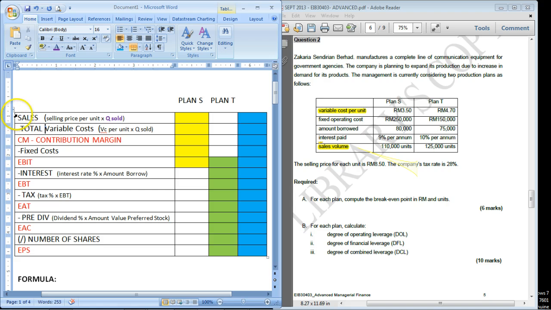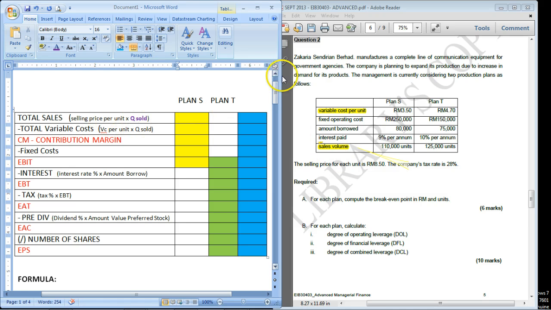So how to find total variable cost? As you can see, the question only gives you variable cost per unit. Variable cost per unit is 350. So use variable cost per unit times your quantity sold, using the same Q, sales volume, quantity sold.